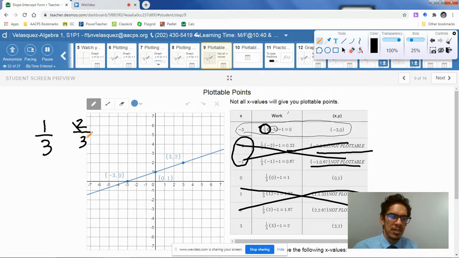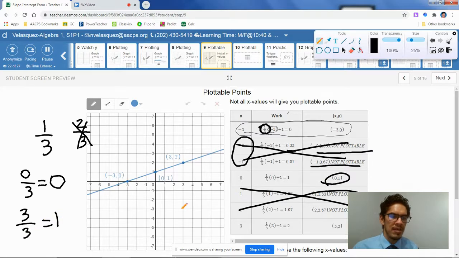But I know some numbers that are nice. 0 divided by 3 is equal to 0, and that's why I'm going to get something nice after I add 1. Other numbers that are going to be good, well, 3 divided by 3, that's equal to 1, and then when I add 1, I get 2. So 3, 2 was a nice number. 6 is going to be a nice number because 6 divided by 3 is equal to 2.